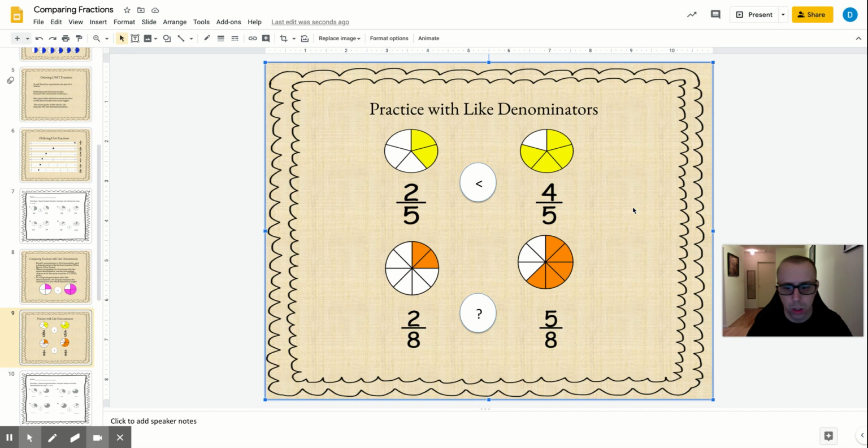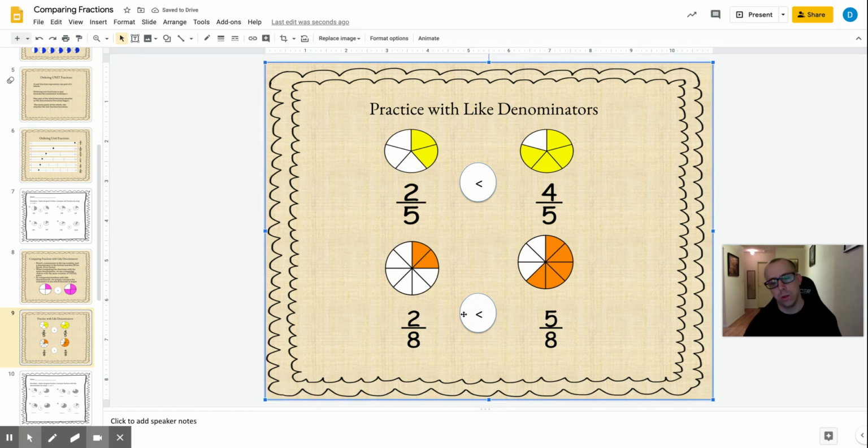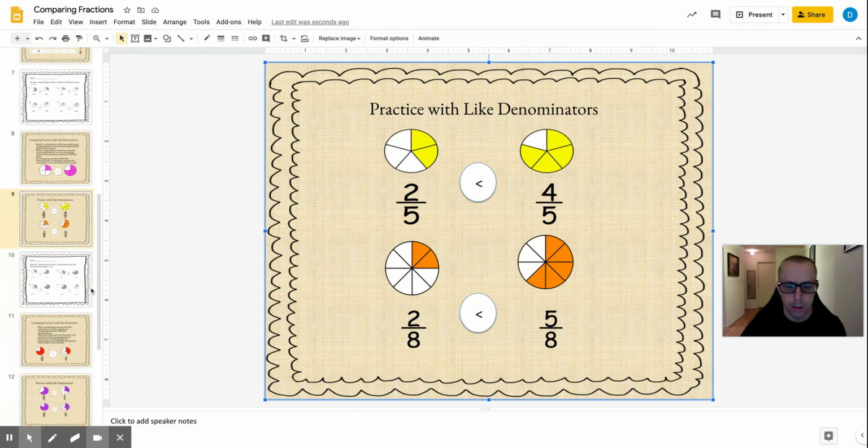That's the first thing you should look for. Are the denominators the same? In this case, they are. So 2/8 is less than 5/8. 2 is smaller than 5.